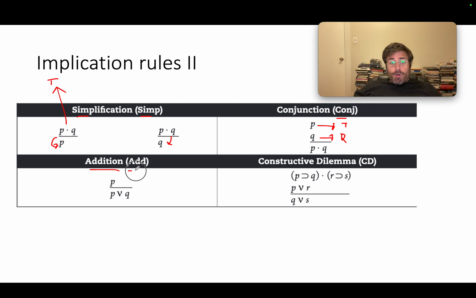Okay, addition or add is a very useful rule, although some people find it to be a little bit annoying, and it's sort of easy to forget because addition is not necessarily working with information that has already been given to us in the premises of the argument. What it really is drawing from is the logic of the disjunction. And the disjunction is an either-or statement in which only one of the disjuncts has to be true for the disjunction as a whole to be true.